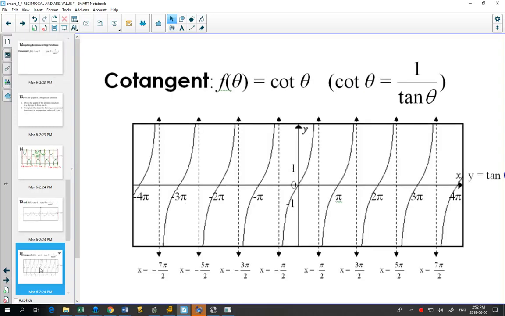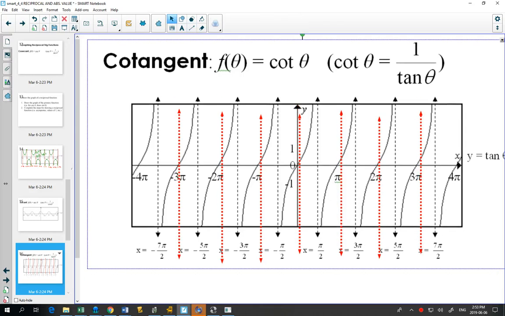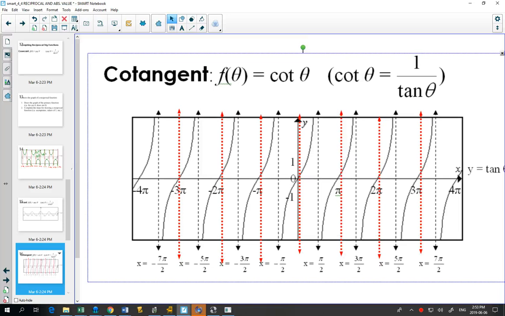The cotangent graph gets a little bit messy, especially if you try to do it all on the same graph, which we're going to. We start again, wherever there's x-intercepts, there's asymptotes. Again, I don't know why I had so many. Wow.